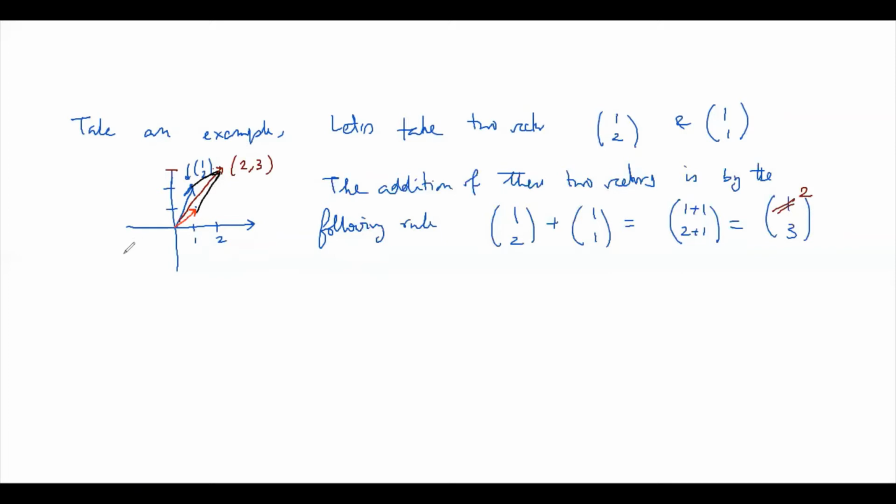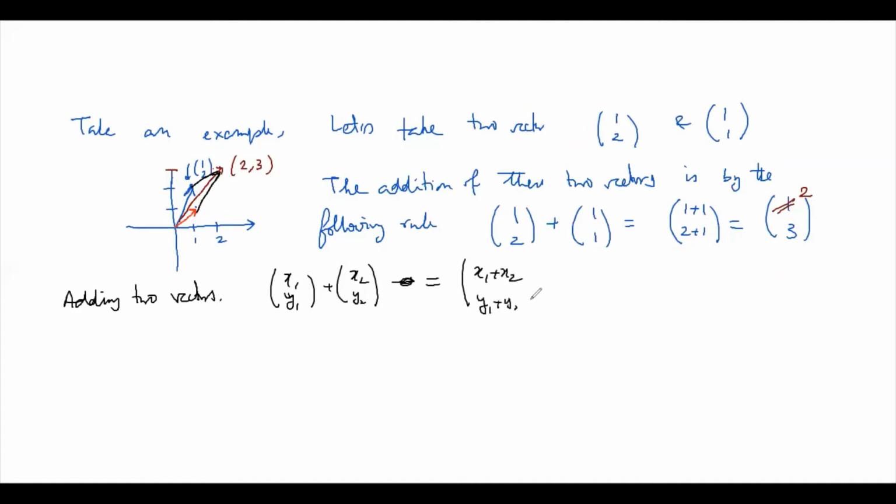But the bottom line is that we know how to add two vectors. So let's say we take two vectors x1, y1 and x2, y2, and this addition is defined as x1 plus x2, y1 plus y2. We just saw an example of that.